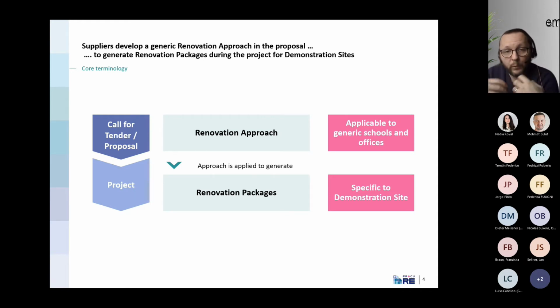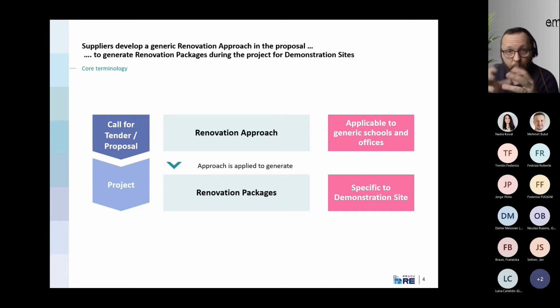So your renovation approach is a generic description of how you would renovate schools and offices to 100% or as close as you can get. This is not a 0-1 function, obviously, but as close as it is possible given the circumstances in a school.